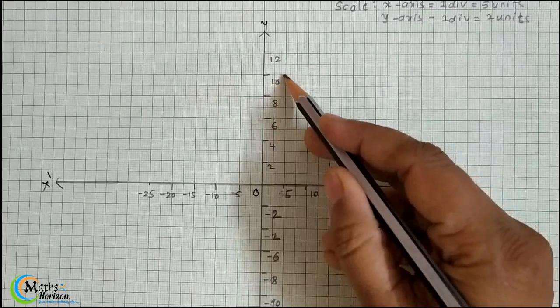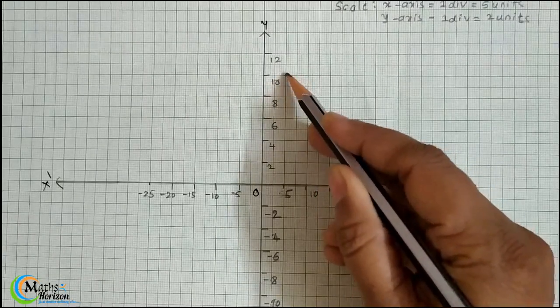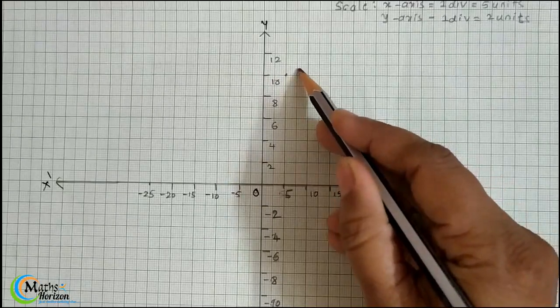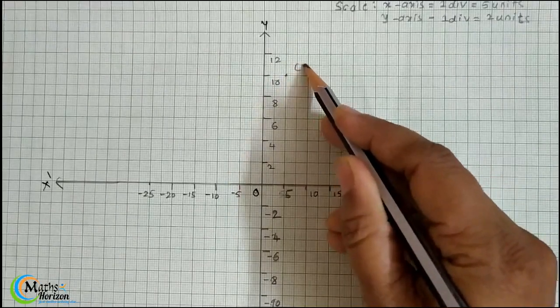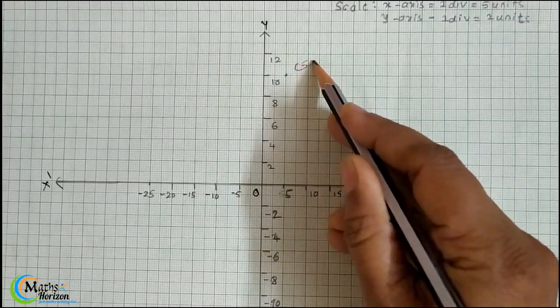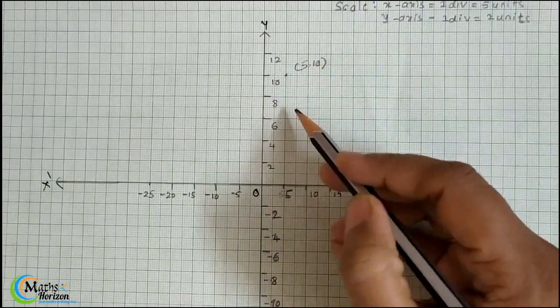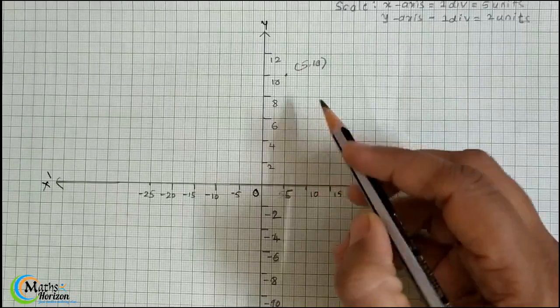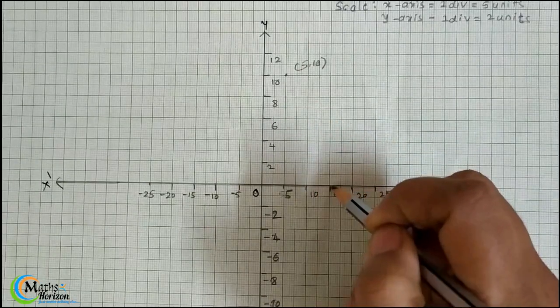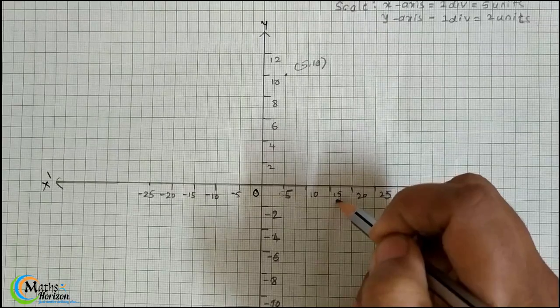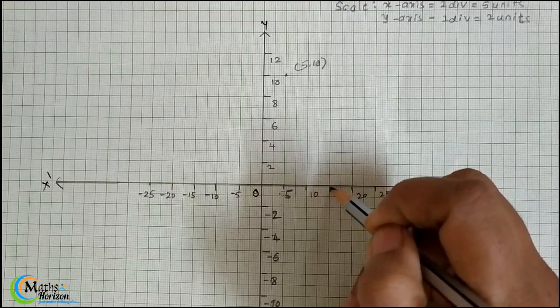So the lines coincide at this point. So this is the first coordinate. Next is when x is 15. Here is 15. So when x is 15, y is 9.